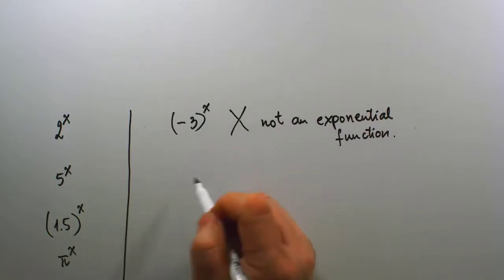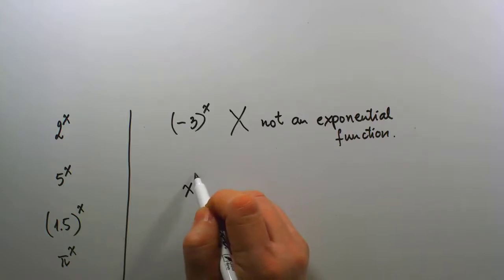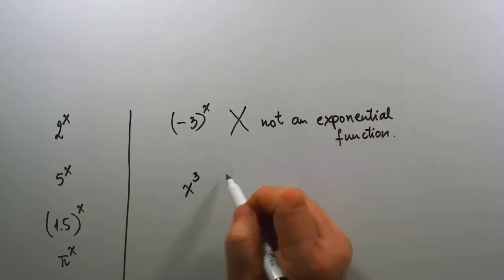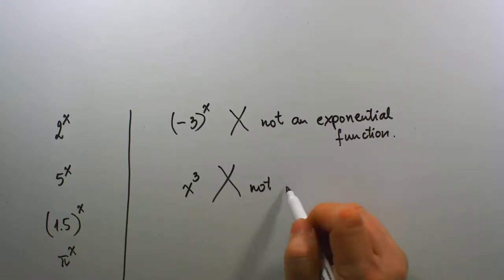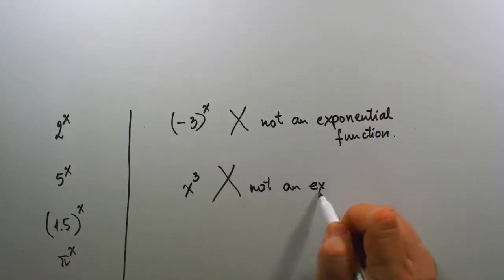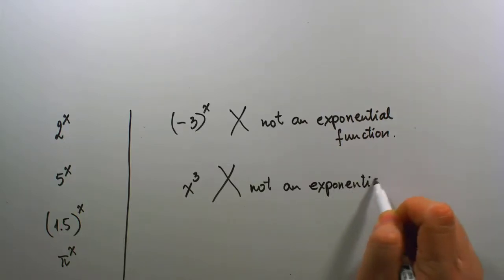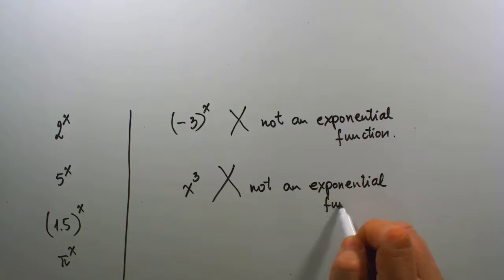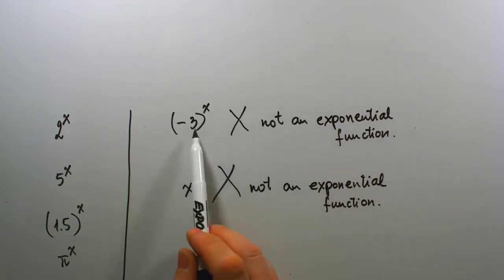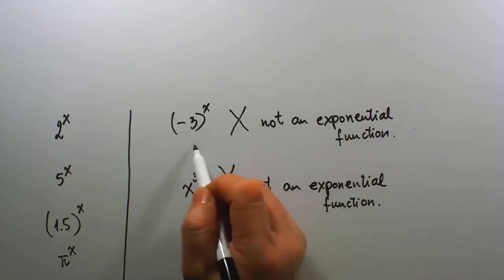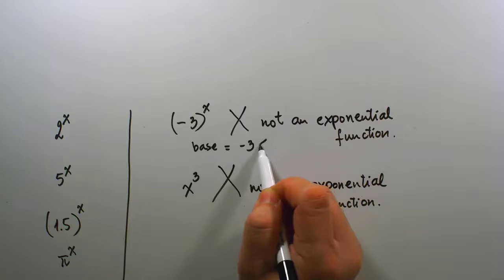Now, x to the third power, for example, this is not an exponential function. So this one here, -3 to the x, is not an exponential function because the base is -3, and that's less than 0.